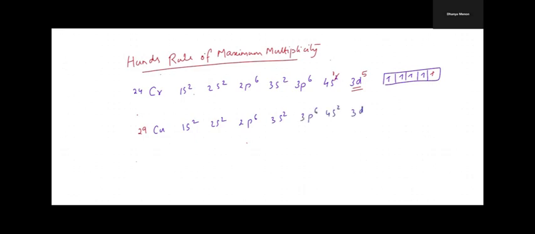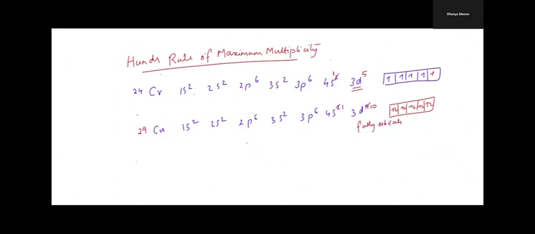Now you'll be able to guess what type of configuration will be more stable. If instead of 9, I put 3d10, and here I put 1, that means it is fully filled, just like neon I discussed. Whenever the orbitals are fully filled, 1, 2, 3, 4, 5, 6, 7, 8, 9, 10, these fully filled and half-filled orbitals are considered to be highly stable.